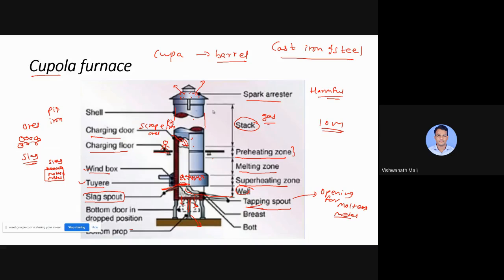Okay? And the most important advantage, the most use of this cupola furnace, is we get a very high melting rate. Okay, depending on the size of the cupola furnace, 1 to 35 tons per hour of material we can melt in this. Okay, and it can be operated continuously for months, 2 months.